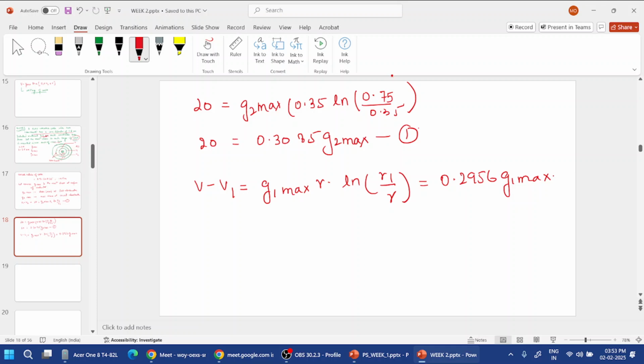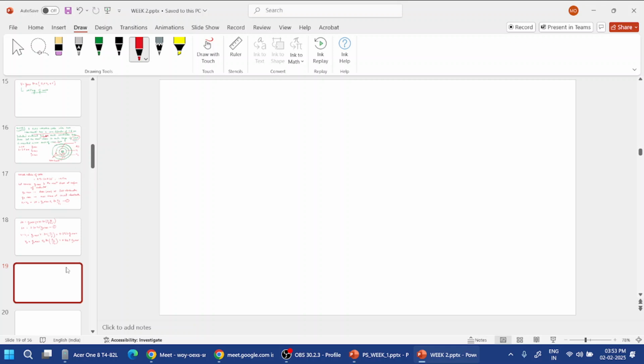Then for V2, the maximum stress at the second intersheath will be G3 max R2 log R3 divided by R2. If we solve it, it comes out to be 0.3165 G3 max.